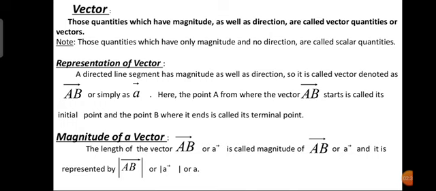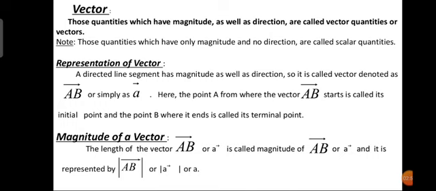That is given there as vector AB. It is to be read as vector AB, or simply vector A. On the top of AB a line segment is given.